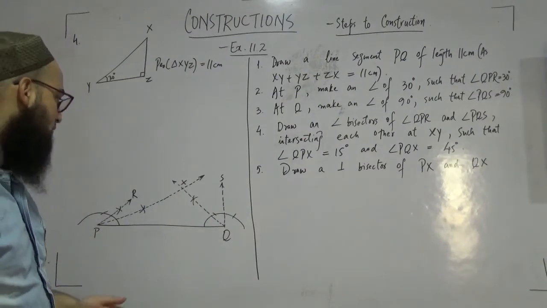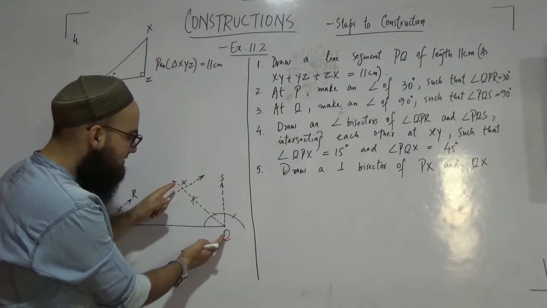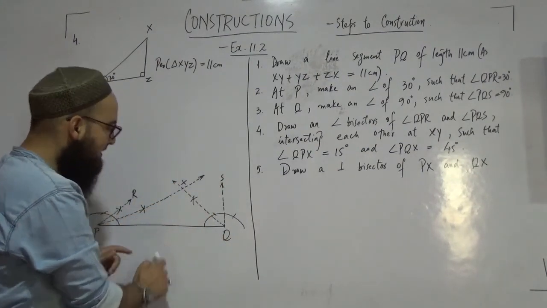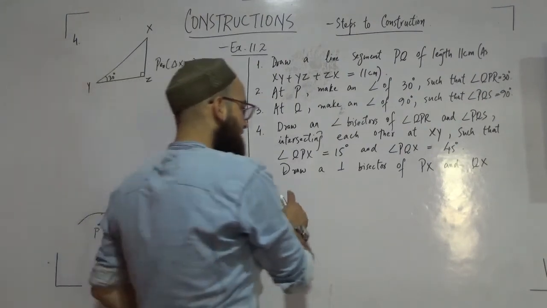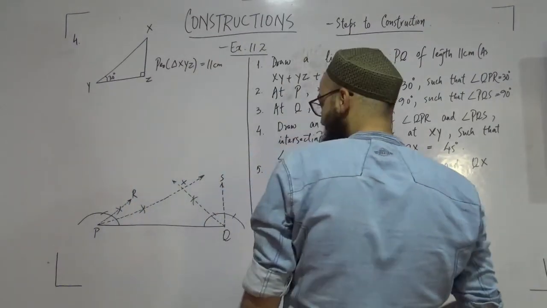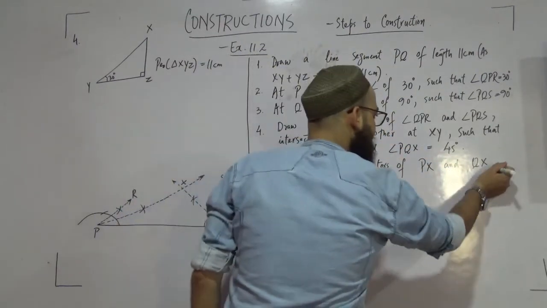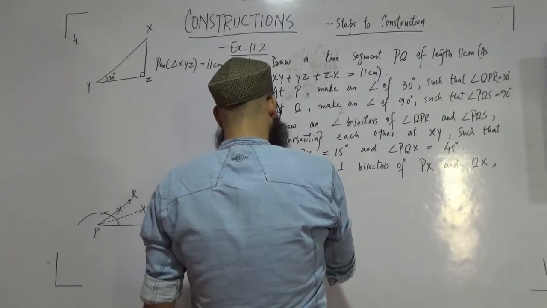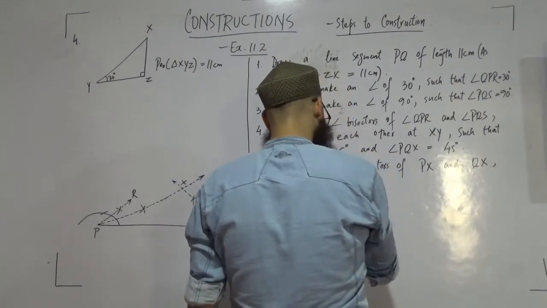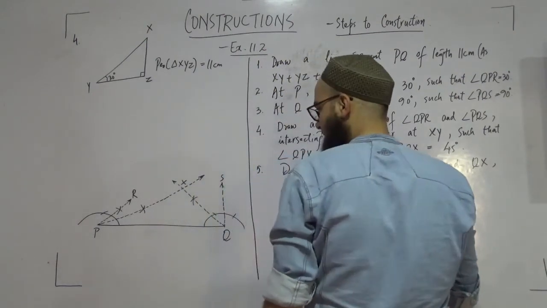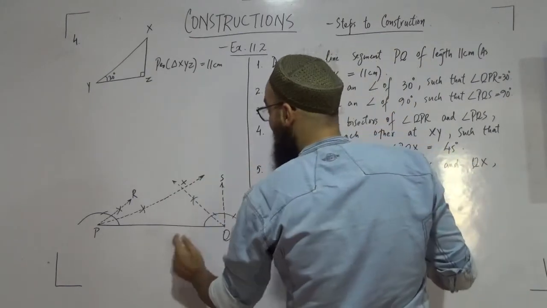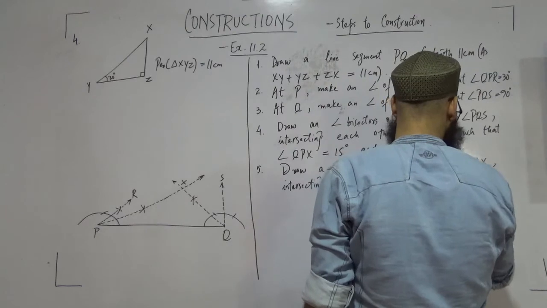Let us say that point is Y. And perpendicular bisector of QX will intersect QP at some point and that point will be our Z. Draw perpendicular bisectors of PX and QX intersecting PQ at Y and Z respectively.